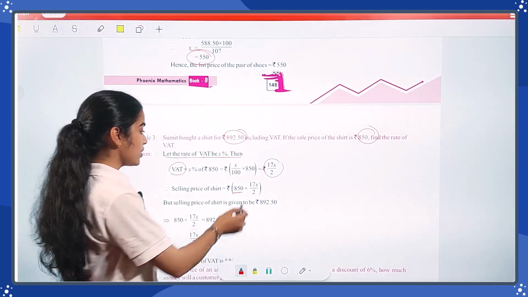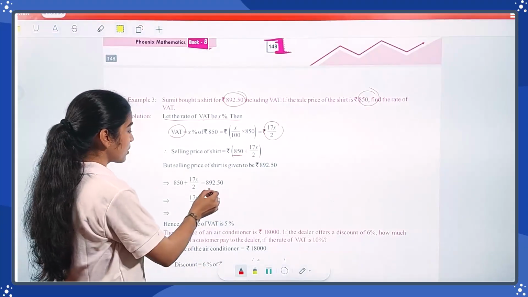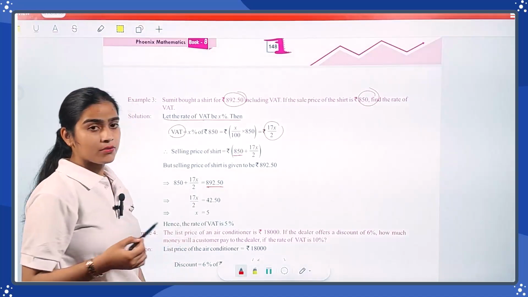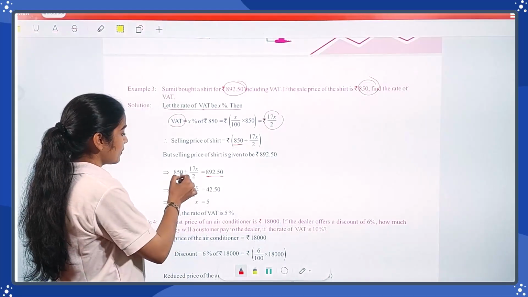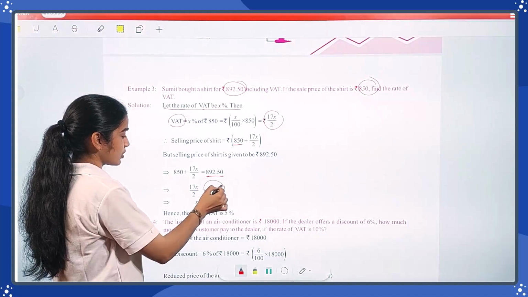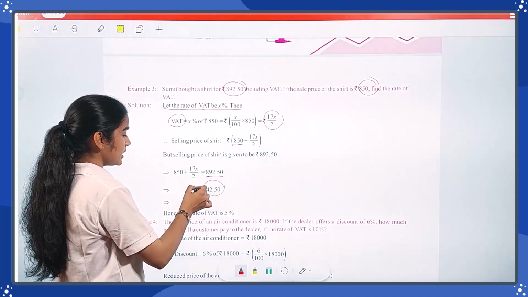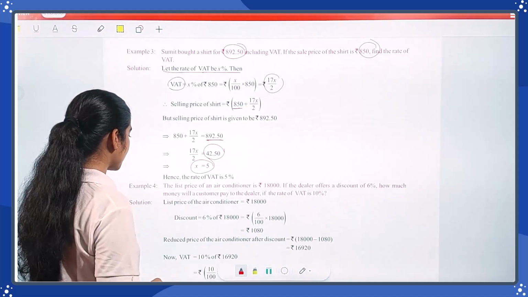So 850 plus 17x upon 2 is equal to the amount at which Sumit purchased the shirt. 892.50 minus 850 gives 42.50. Now 17x upon 2 equals 42.50, so x is equal to 5 by taking the reciprocal.